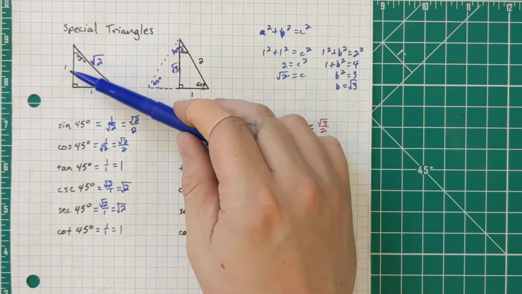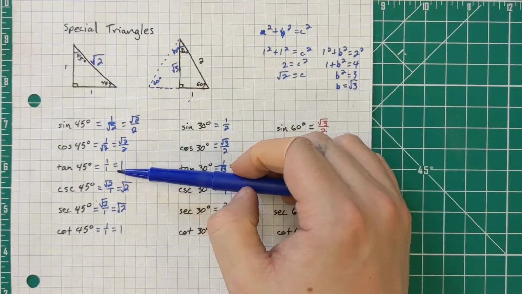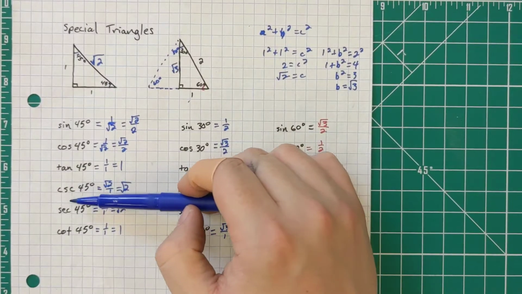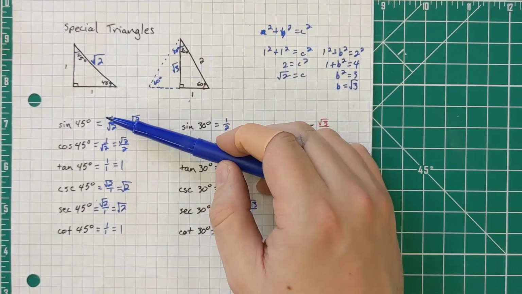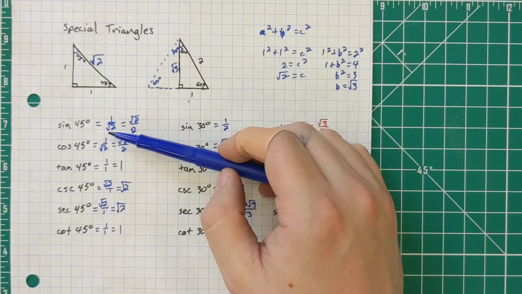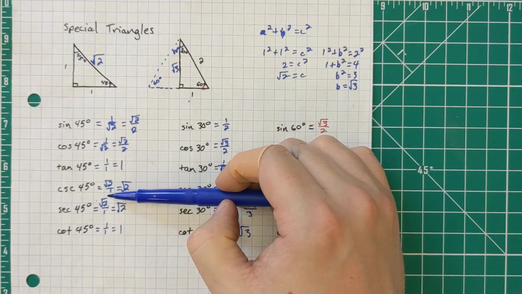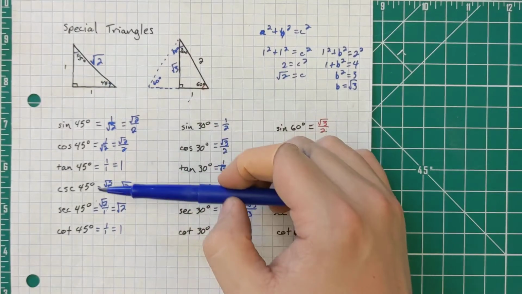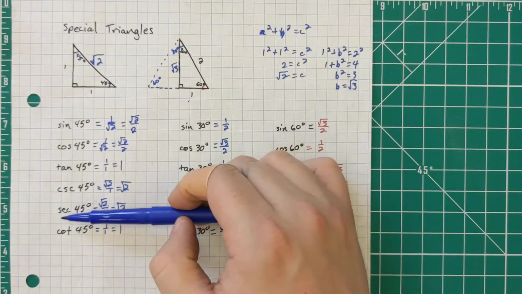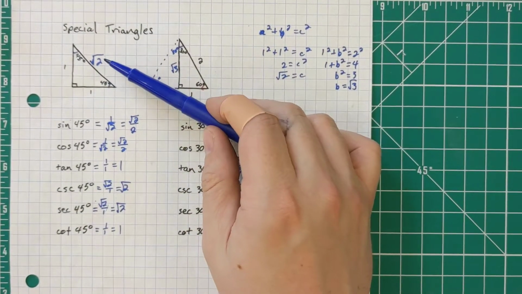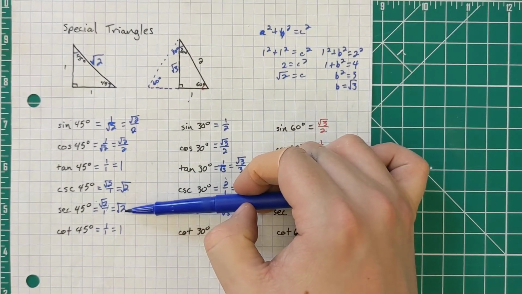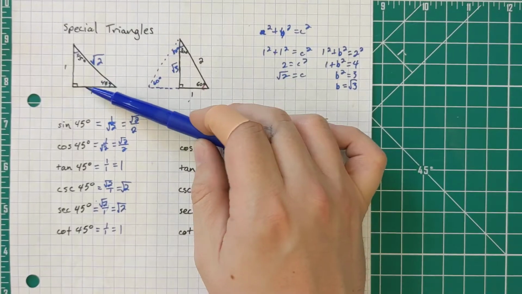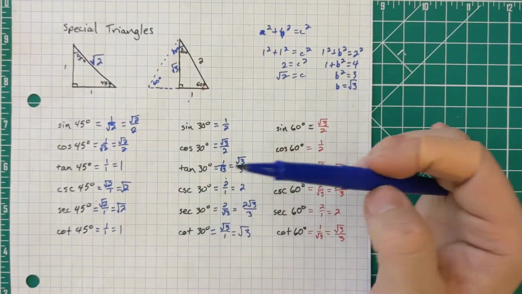Tangent, opposite over adjacent, 1 over 1, which is 1. Cosecant, if sine was opposite over hypotenuse, this is going to be hypotenuse over opposite, square root of 2 over 1, which is just square root of 2. Secant will be hypotenuse over adjacent, which is square root of 2 over 1, so we get square root of 2. And cotangent is adjacent over opposite, which is 1 over 1, which is 1.